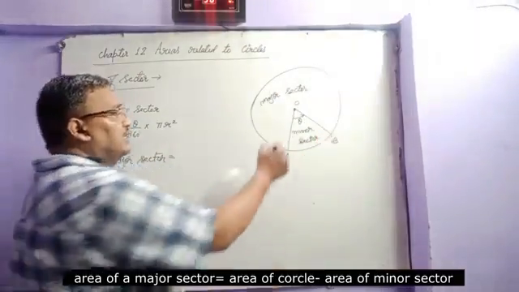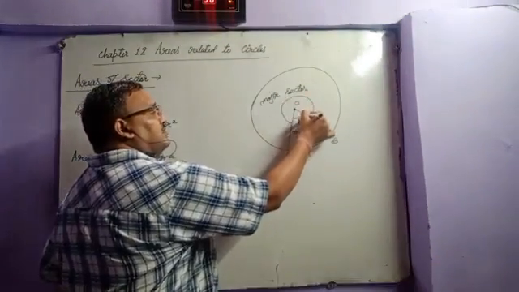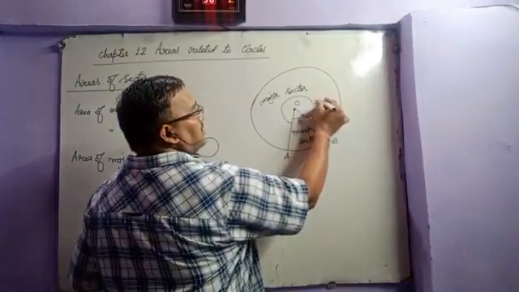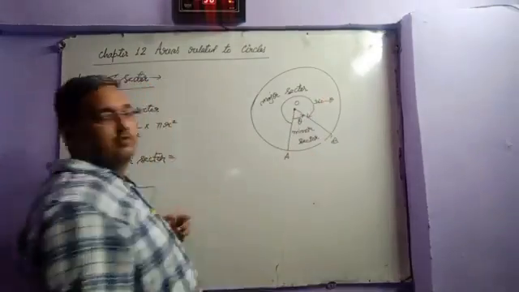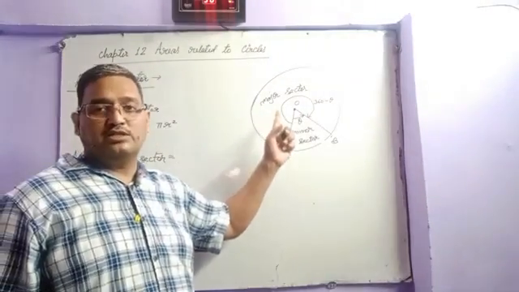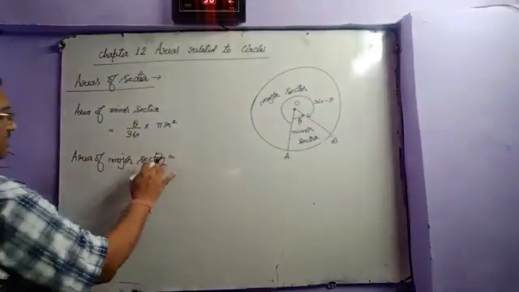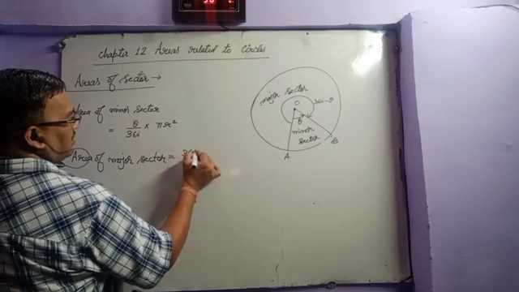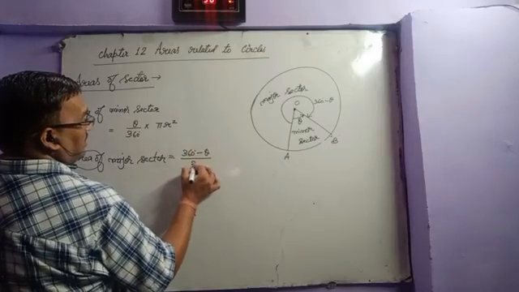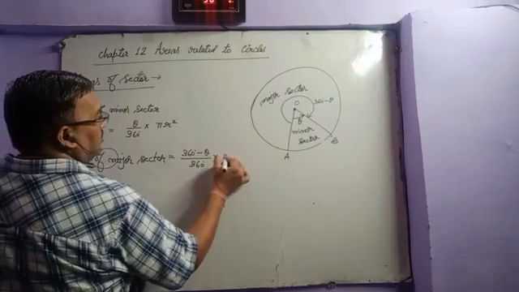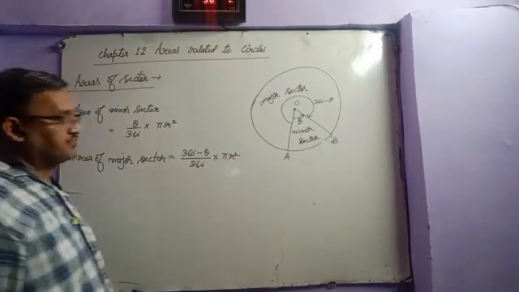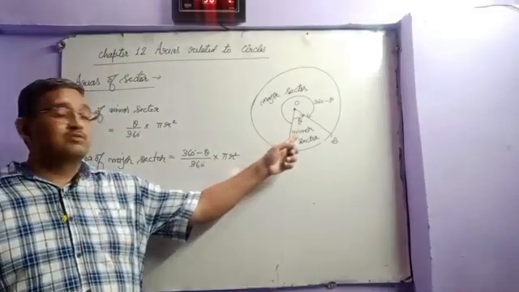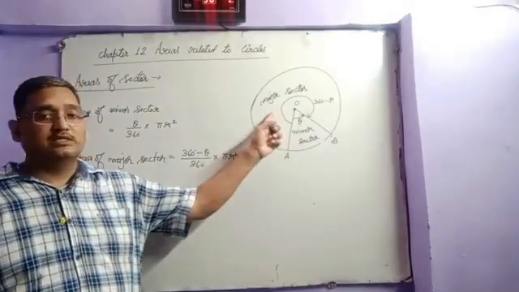Another way is we can calculate this angle, which is a reflex angle, and this is equal to 360 minus theta, because complete angle is known as the 360 degree. So we can write area of major sector, that is equal to 360 minus theta upon 360 into pi r square. So these are two formulas. With the help of these, we can calculate the area of minor sector and major sector.